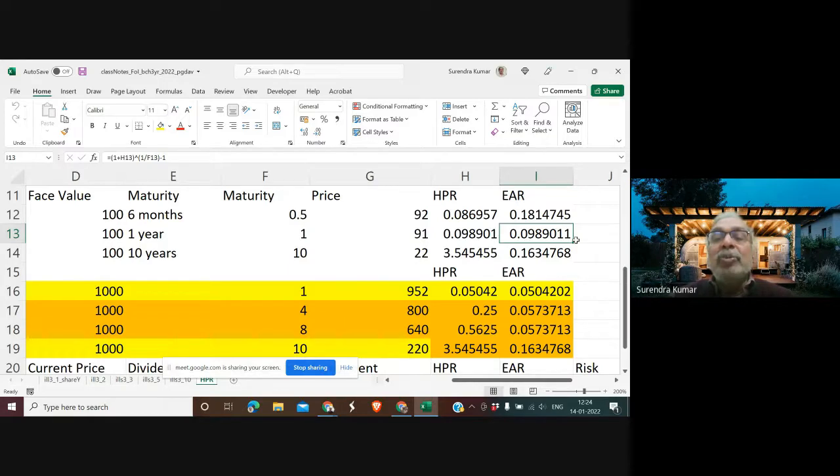With 92 rupees, the maturity was 6 months. So in 6 months time, you will get your 100 rupees. And here with 91 rupees, the maturity is 1 year. So in 1 year time, you will get 100 rupees. So that's how we have calculated this effective annual return. And following the same mechanism, we calculate it for 10 years.